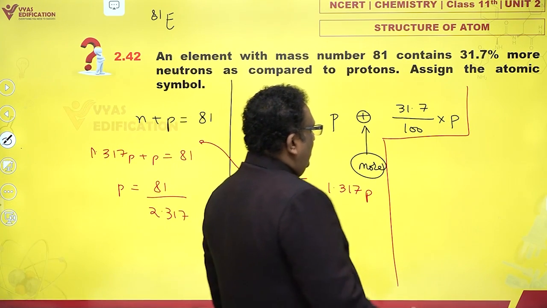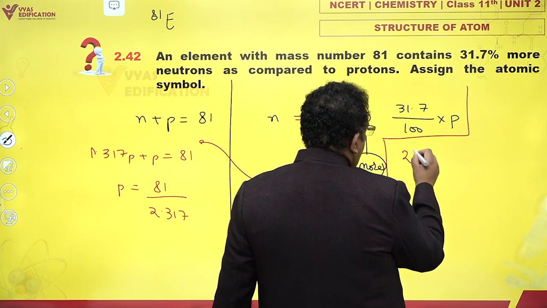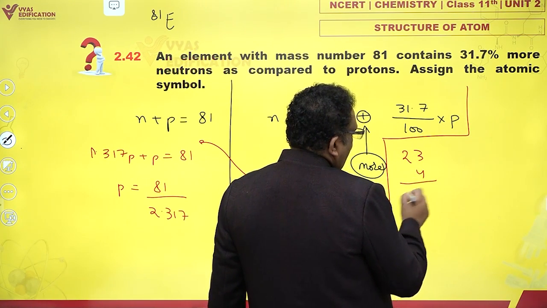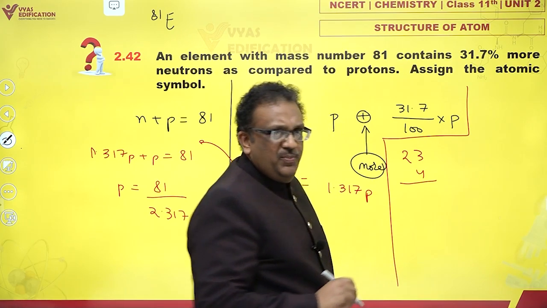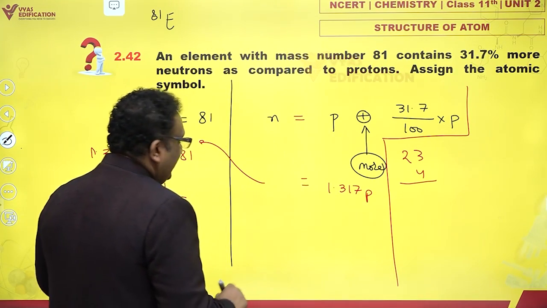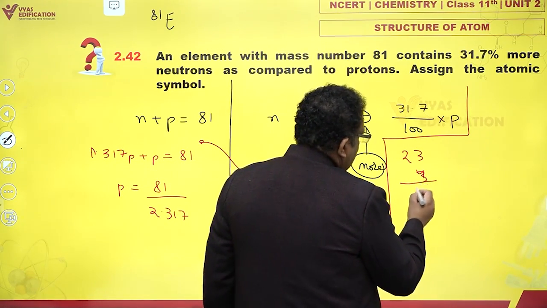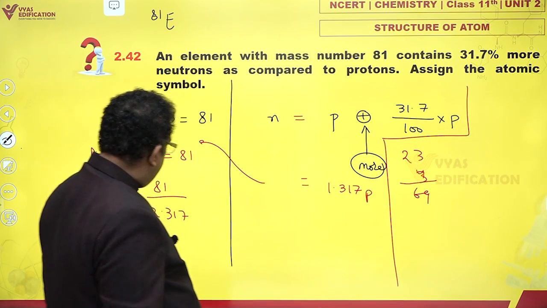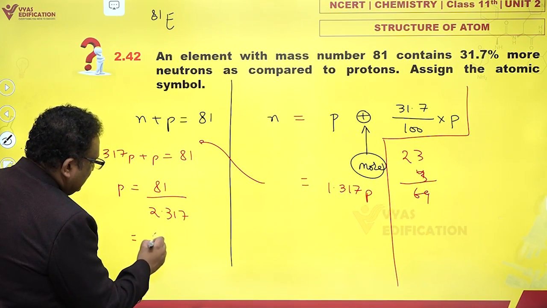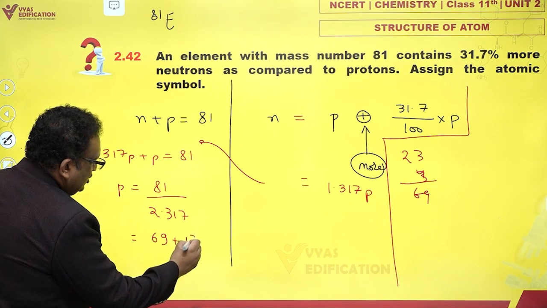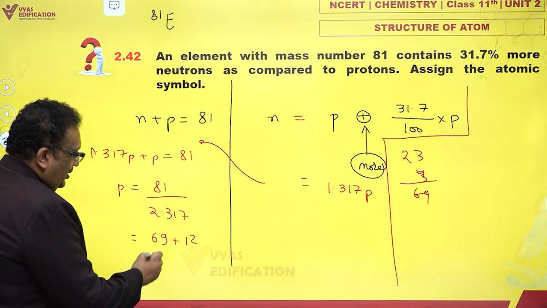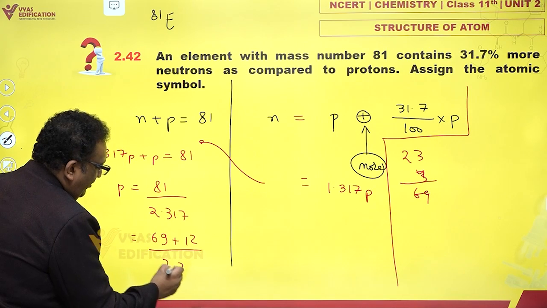Let me check. 23 eights are 184, no, this is 92. It becomes a little too much. We're just having 81. So I'll just take 3 times. This is 69. Right. So can I say this is 69 plus 12 by 2.3 roughly.